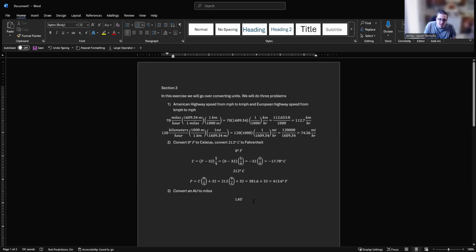So for the final part of this exercise, I want to convert an astronomical unit to miles, so that way it's more of a familiar type of a distance. So, in your exercise and your assignment, you convert this to meters. So I will tell you that, we already have that one. So 1 astronomical unit is 1.496 times 10 to the 11 meters.